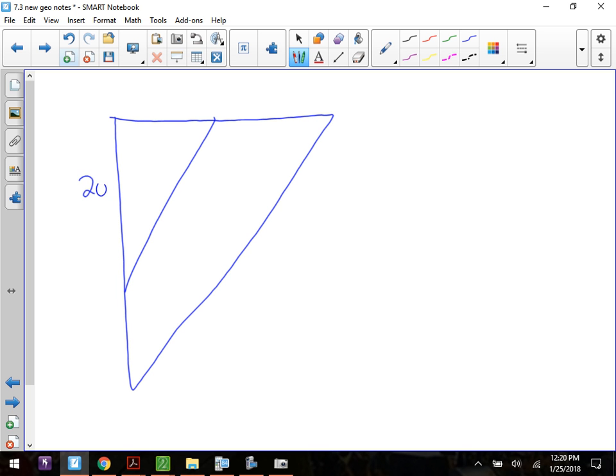We have 20, 8, 56, 40, 6, and 15. Do you guys agree that you have a small triangle and a large triangle? Yes. If I use the small triangle first, what's the smallest side of the small triangle? 15. It goes 15, then what? Then 15, 20, 40.